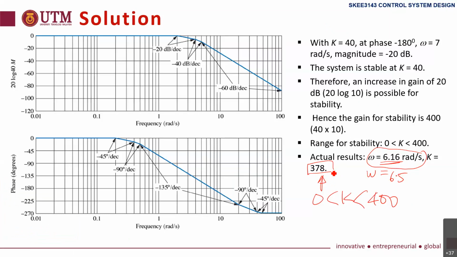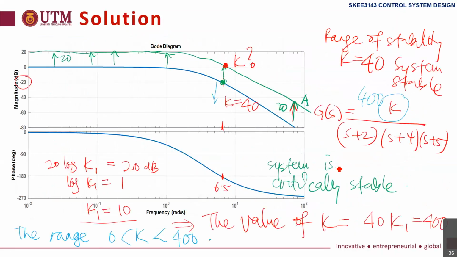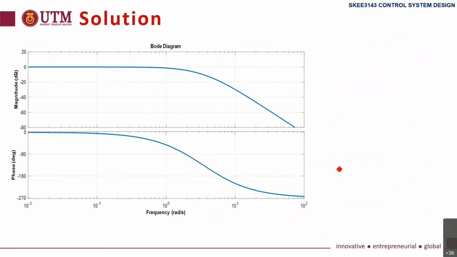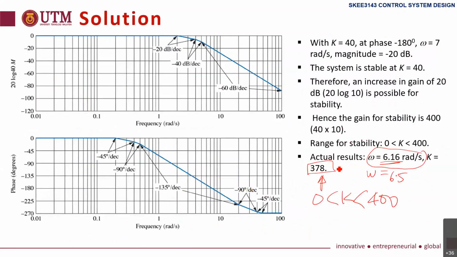The actual one, if we calculate by hand, will be 378. Of course, it will be slightly different by using the Bode plot and by using theory. Theory, like using Routh-Hurwitz, you can calculate that value also. It will be 378. But we can directly obtain from here, it is 400. If we use a better scale, then perhaps we can get the actual 378.